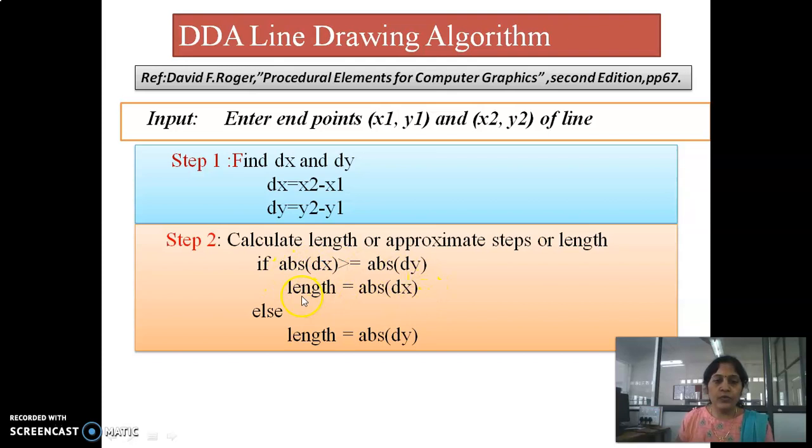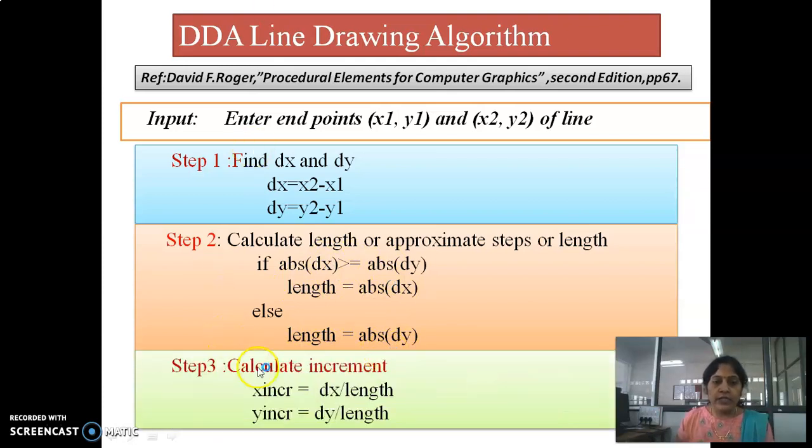So how many steps we have to perform is given by length. If dy is greater, then the steps will be dy. Next, calculate the x increment by dividing dx, calculated in step 1, by length. The y increment we calculate as dy by length.